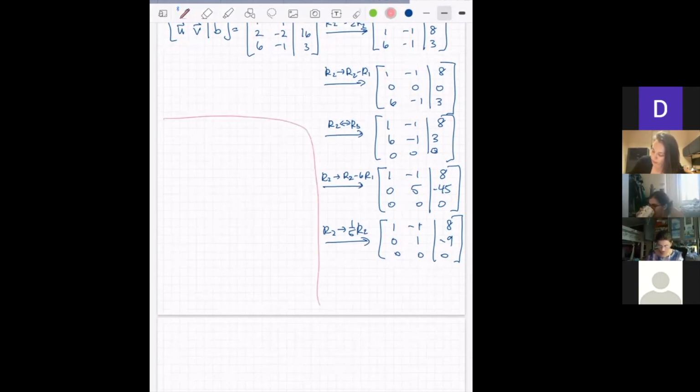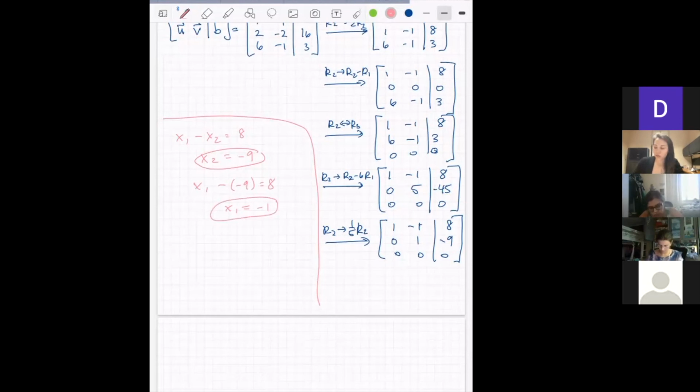We get x1 minus x2 equals 8, and x2 equals negative 9. So we have one piece of our solution, and then we just use that to figure out what x1 is. So x1 minus negative 9 equals 8. So we get x1 equals negative 1.